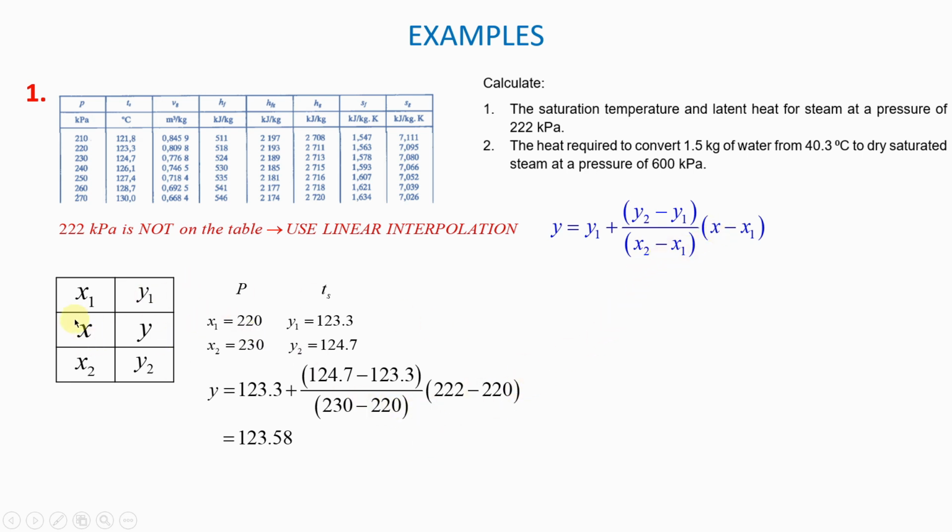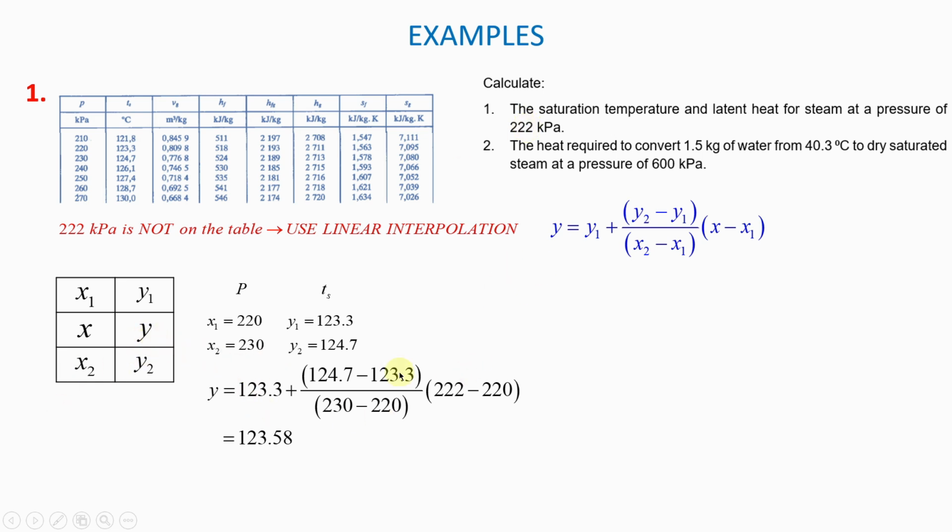As I explained, x is the value in between these two values that we're doing the calculations for, which in this case is 222 kilopascals. Because x1 is 220, x2 is 230, and we're trying to find for 222, which is x, a value in between. The table doesn't have this row, so we're trying to calculate for this row, but we already know that x is 222, so we're just trying to find y.